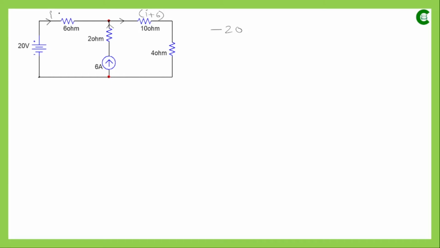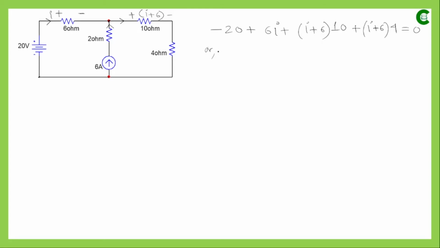Then the current I is flowing from left to right, so this will be at higher potential, this will be at lower potential, so it can be written as 6I. Then in the outer loop we have this resistor, and as per the direction of the current, this is plus, this is minus, so it can be written as (I plus 6) into 10, and then we have the 4 ohm resistor, so it again can be written as (I plus 6) into 4, and then we are coming back to this point from where we started, and this algebraic sum will be equal to 0.